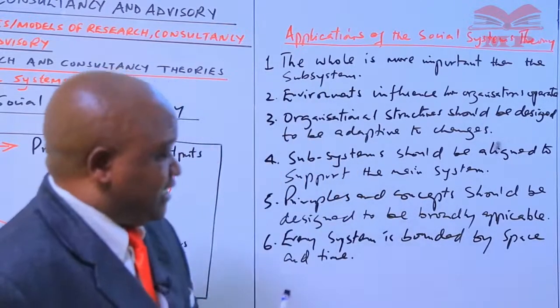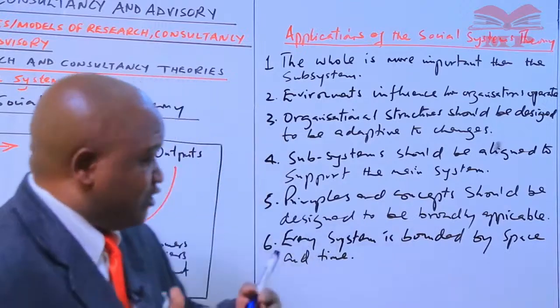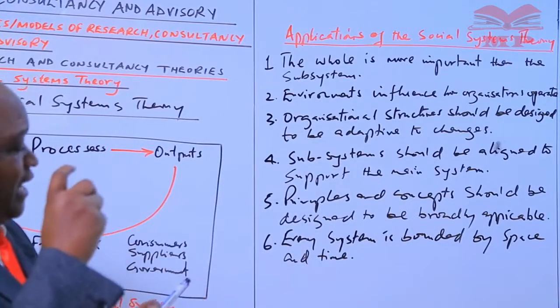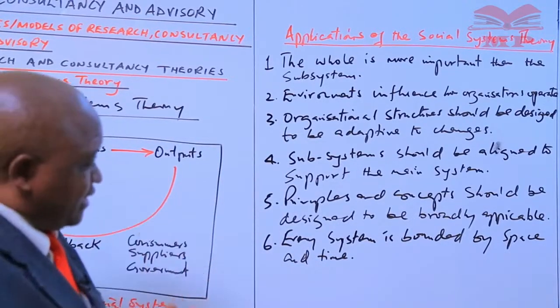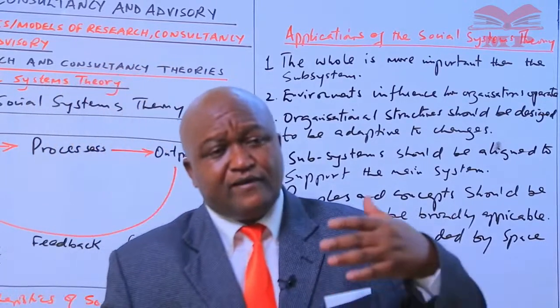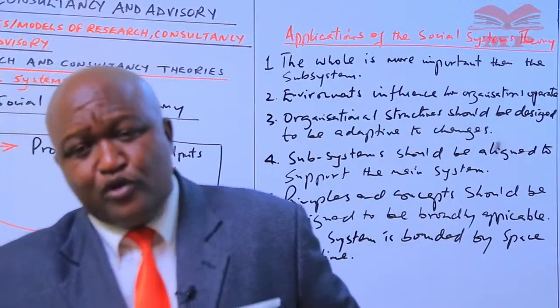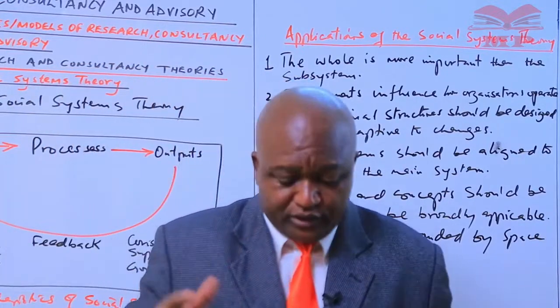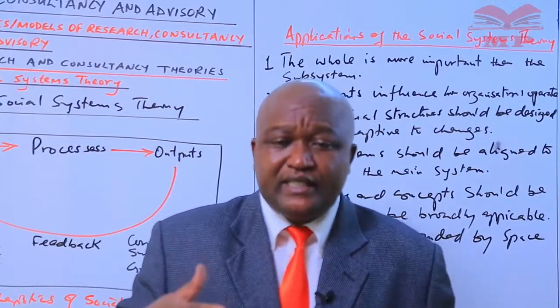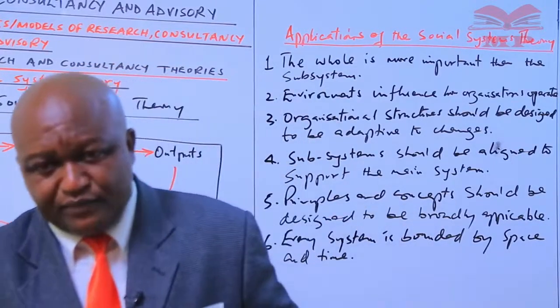And that bounding in terms of time may affect the operations of another system. So the issue of space and time should ensure that the systems are properly synchronized, so that if you have the receiving point, the processing point, the output point, and the feedback time, then those systems must be interconnected and interrelated to work effectively, as the case might be.